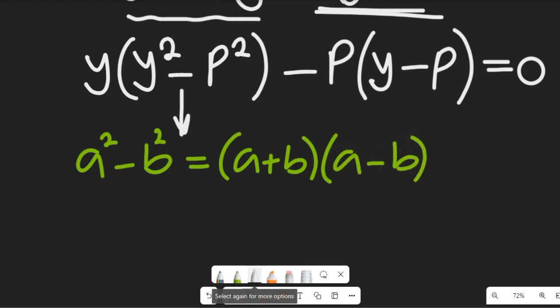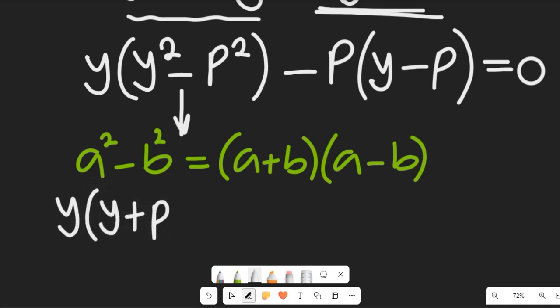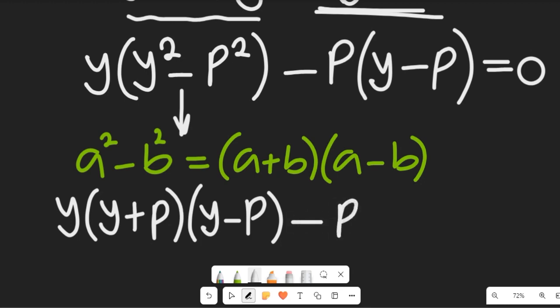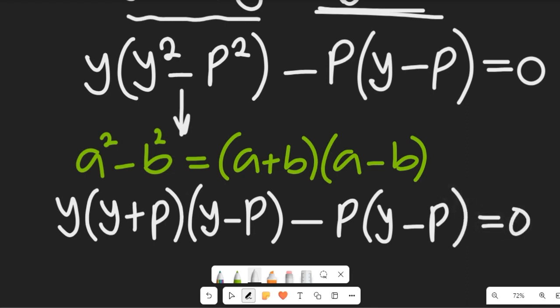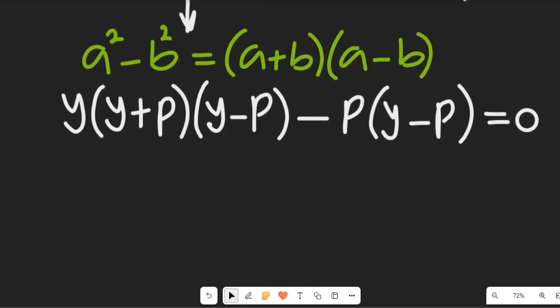So if we apply that to that expression, we'll have y multiplied by y plus b, right? And then we'll have our what? y minus b, and that will be minus b multiplied by y minus b, and this will be equal to 0.